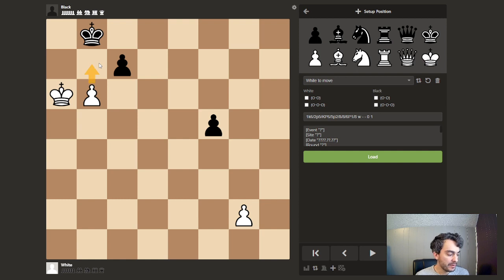If we try pushing the pawn, then... yeah, so if we push the pawn, they're just gonna run this pawn. So like we push, they run here. And you can take the opposition here. Although that's interesting because we move back.